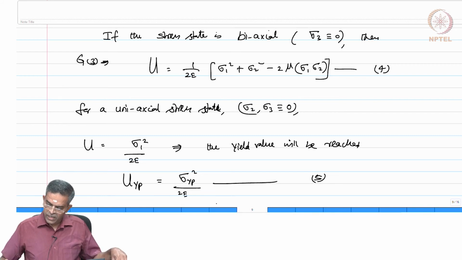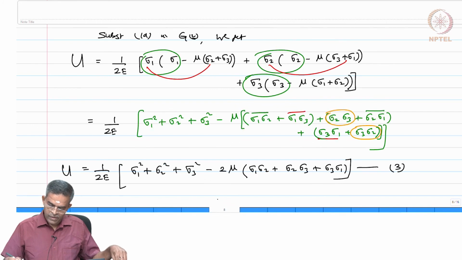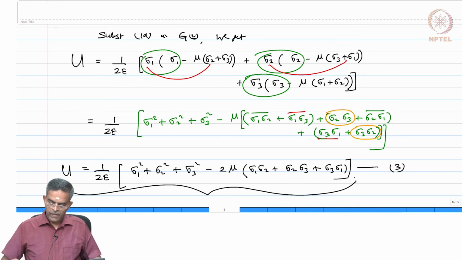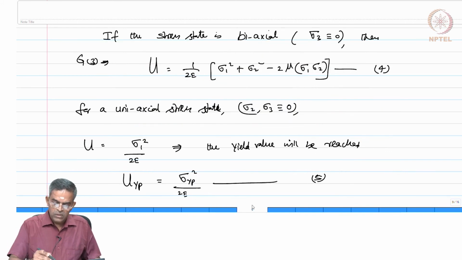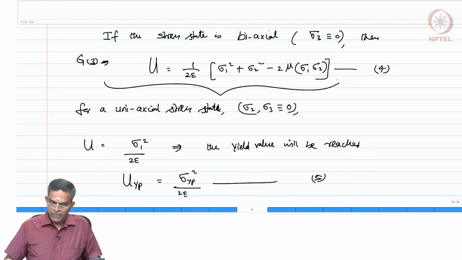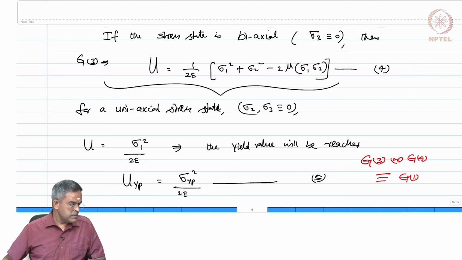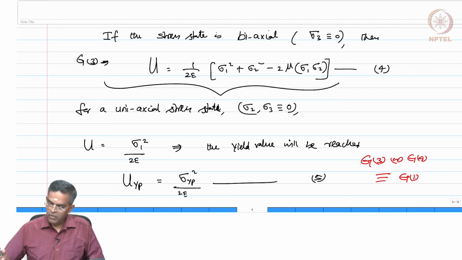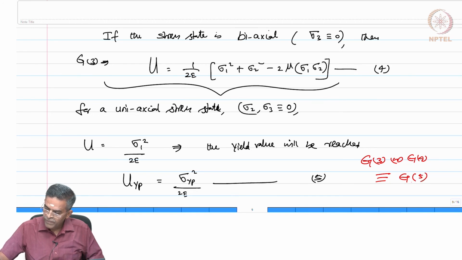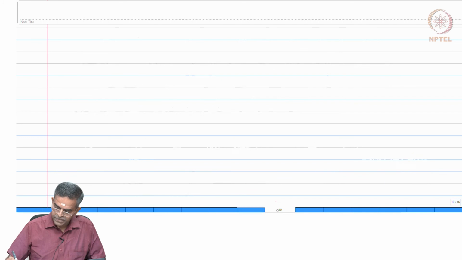So, equation 3 is for triaxial stress state. Okay. Equation 4 is for biaxial stress state. The theory says equation 3 or equation 4 should be identical to equation 5, is it not? That is what the theory says. Please read the theory, or not equation 1, equation 5, sorry. So, let us equate that.